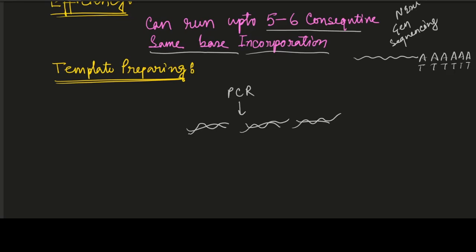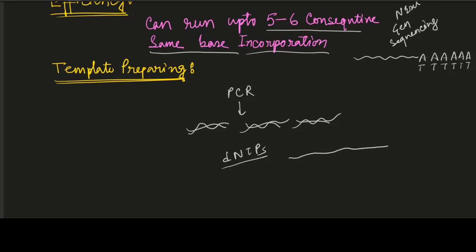Now there are two problems in this product mixture. In this product mixture we will have some leftover dNTPs that are not used in the PCR reaction, and there is another problem.